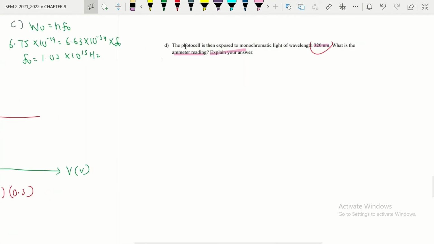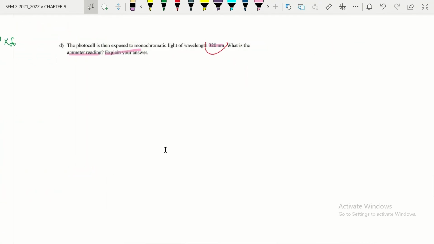Okay, so for this question, you answer first what the emitter reading is. You don't know, so we find it. We know the wavelength, so from the wavelength we can find the energy. This is the energy of the monochromatic light when the wavelength is 320 nanometer.